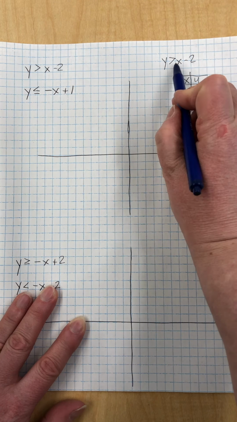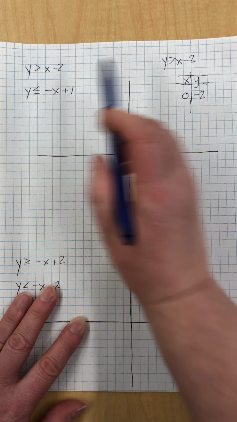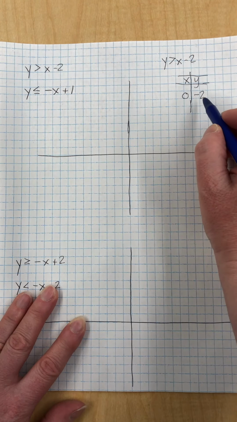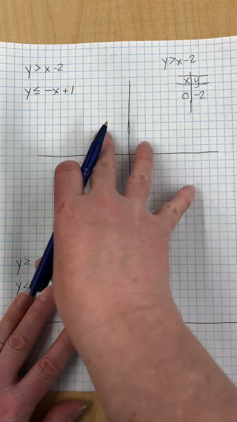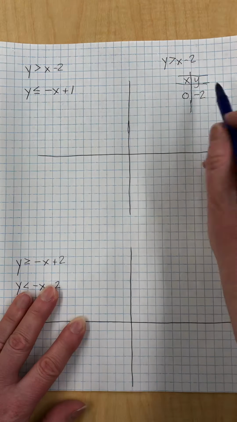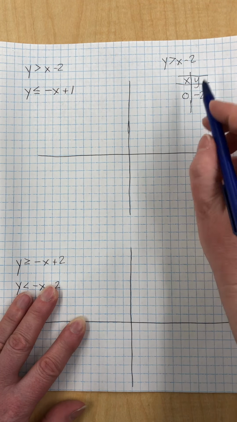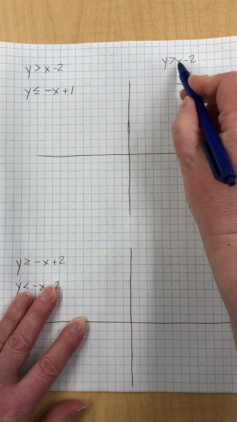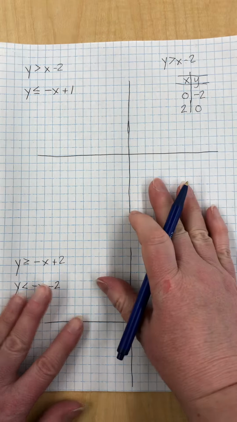I'm not going to flip the sign because I do not have a negative here. Okay, I do have a negative here, so we're going to have to double check that one when we do this to see which side we're going to have to shade in, and I'll show you different ways to do that. Okay, so what if I made x, let's say, positive 2, 2 minus 2 is 0. So I actually have my intercepts here.